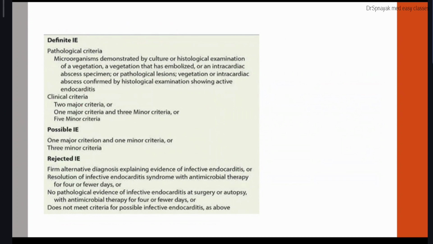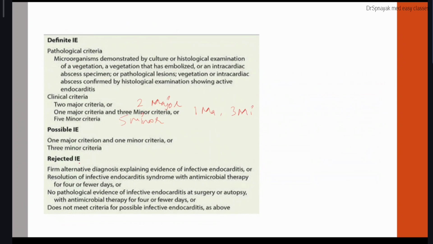Then the clinical criteria involve two major criteria, or one major criteria and three minor criteria, or else five minor criteria. If any one of these criteria is fulfilled, then we can say that the patient has a definite infective endocarditis. For possible infective endocarditis, one major criteria and one minor criteria, or three minor criteria.